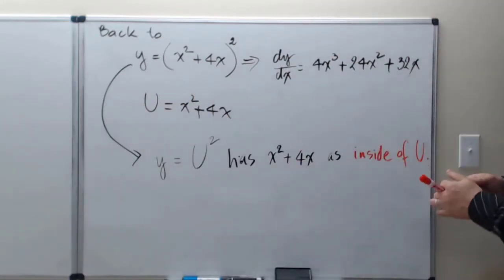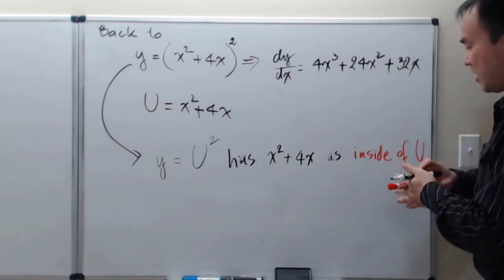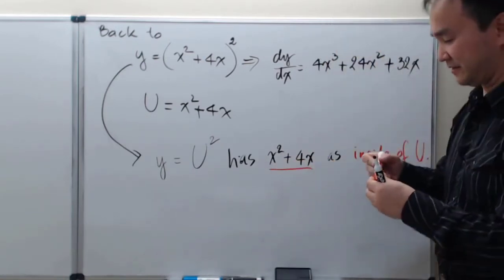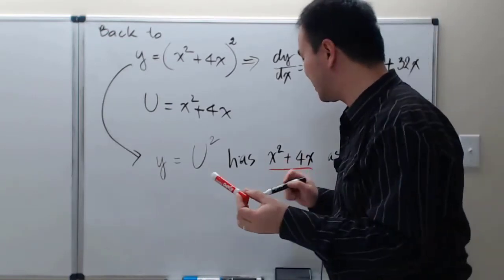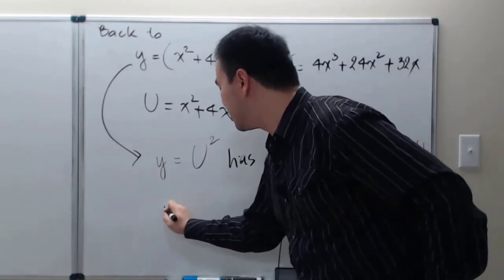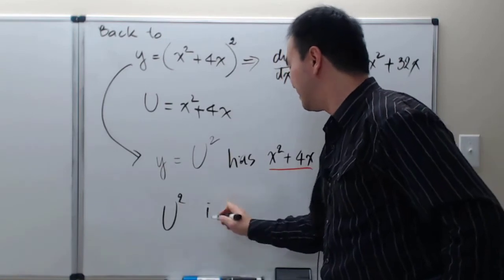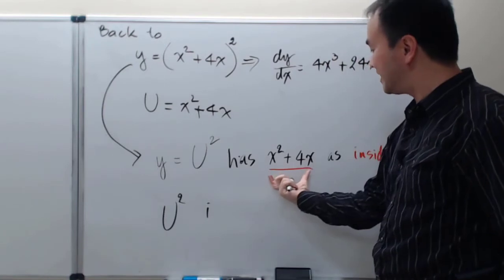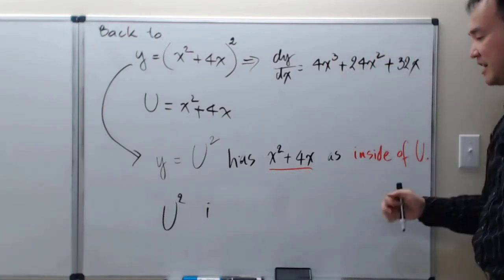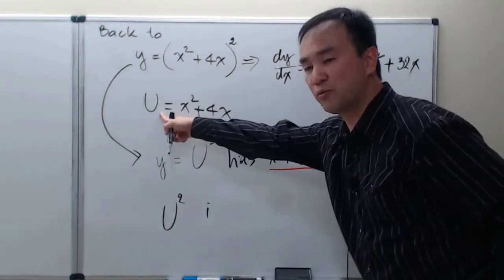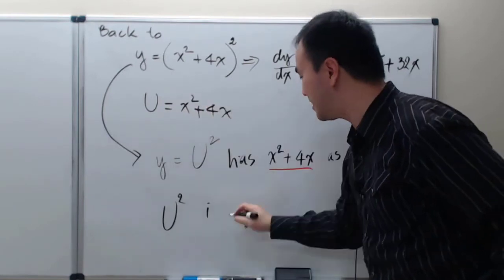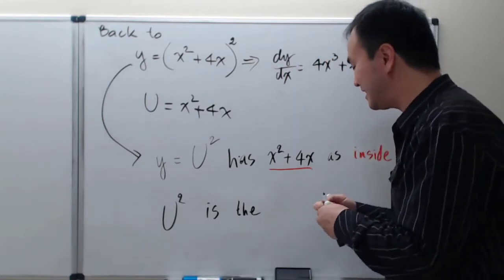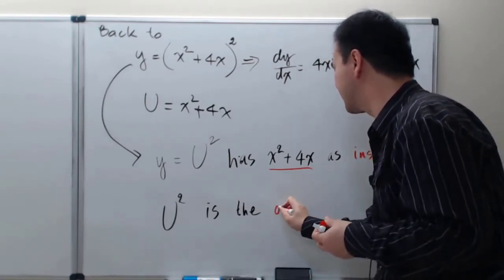Okay, and so if that expression here is being the inside, then once we made a substitution, we have just the u squared itself, right? From that starting problem again, once we now classify the x squared plus 4x as the inside, then after we substituted away the inside part, the u squared is the outside.